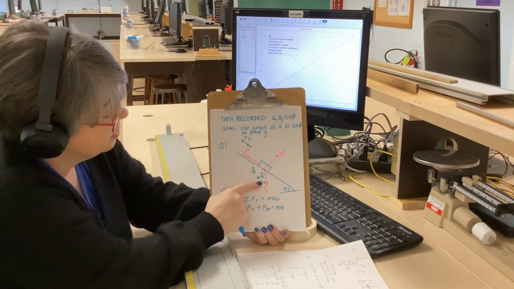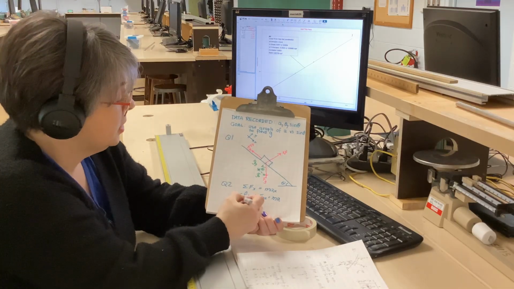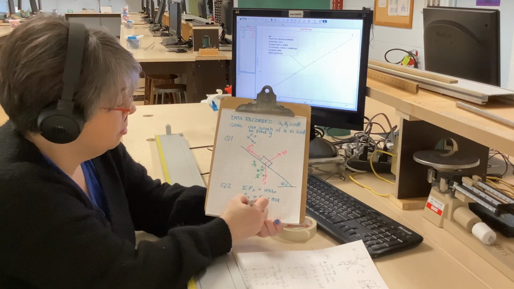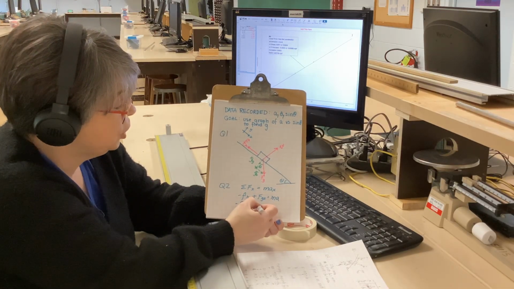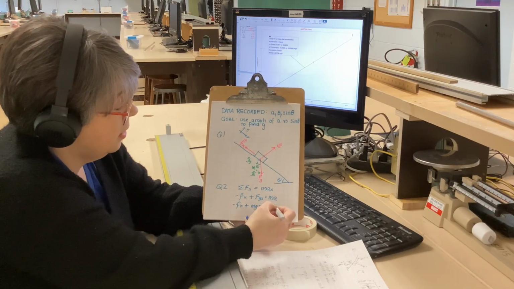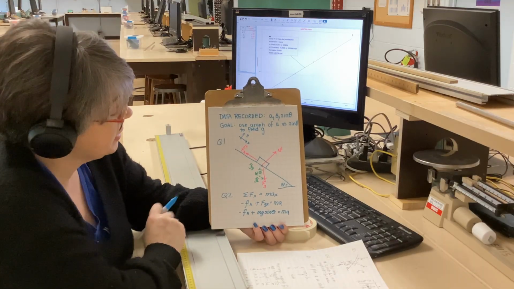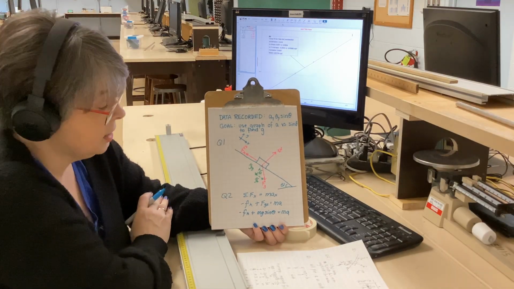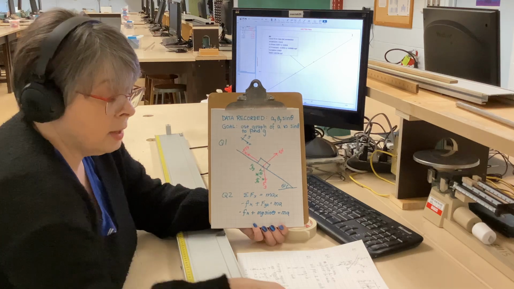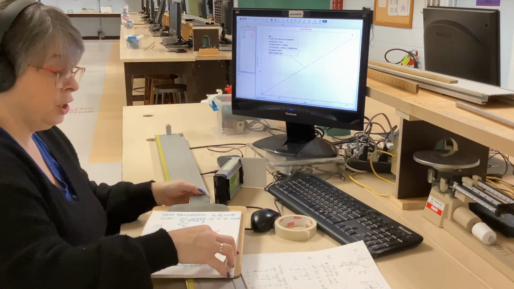So minus Fk plus mg sine theta equals ma. So that's question 2: write Newton's second law in the x direction. That's done. Question 3 will now talk us through the analysis. So let's have a look at question 3.